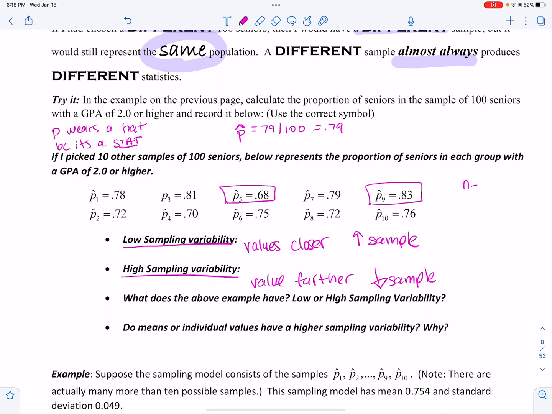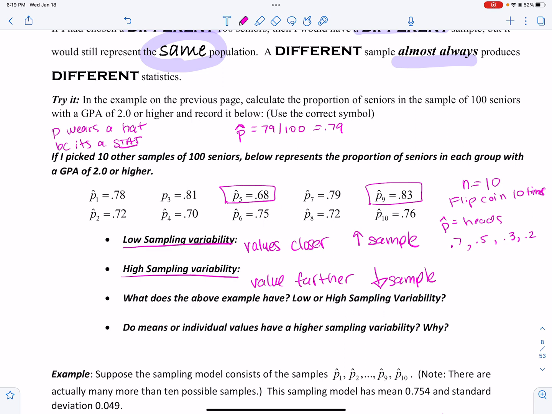If I have n equals 10, where I'm going to flip the coin 10 times, I'm going to ask each one of you to flip the coin 10 times, and I want you to give me the proportion of times that you get heads. I think it'd be reasonable to say some people are going to get 0.7, some people are going to get 0.5, some people are going to get 0.3, 0.2.